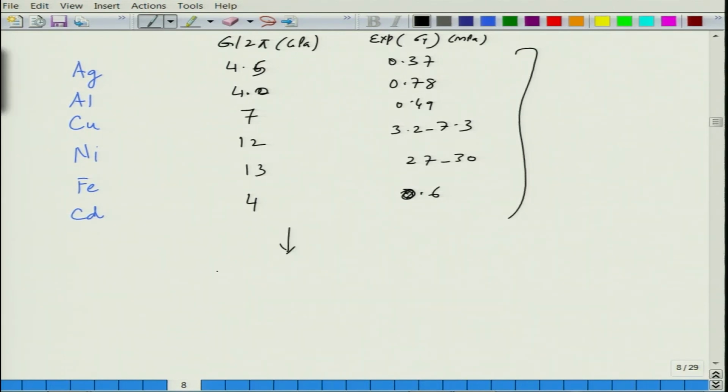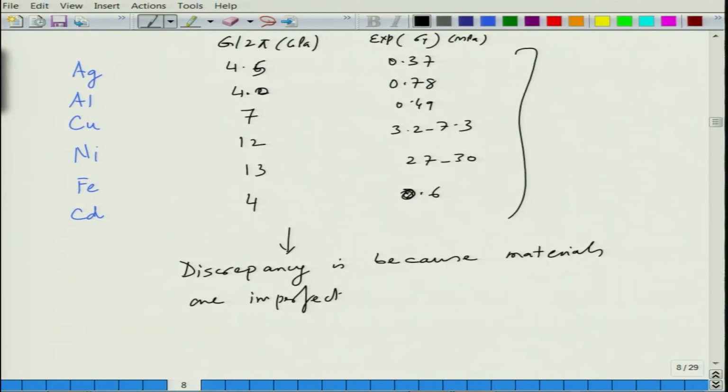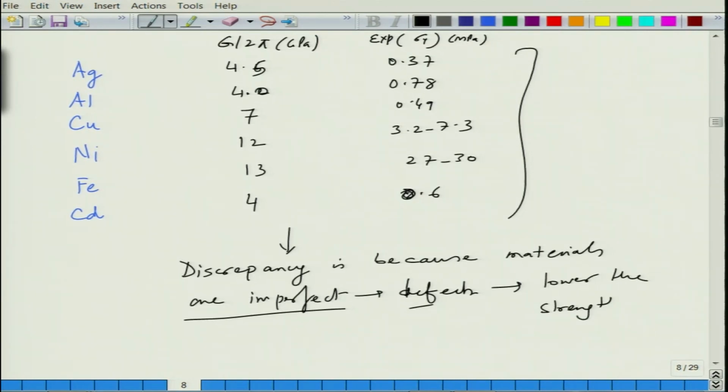So, this discrepancy is due to imperfect materials. Materials contain defects, and these defects basically lower the strength.